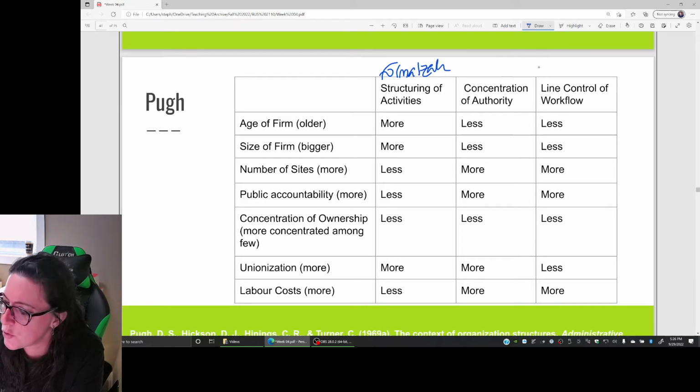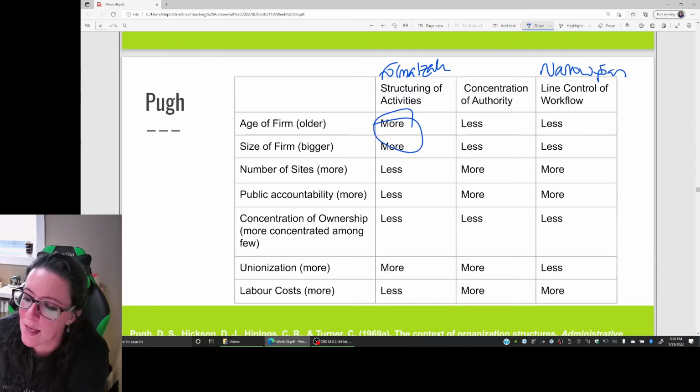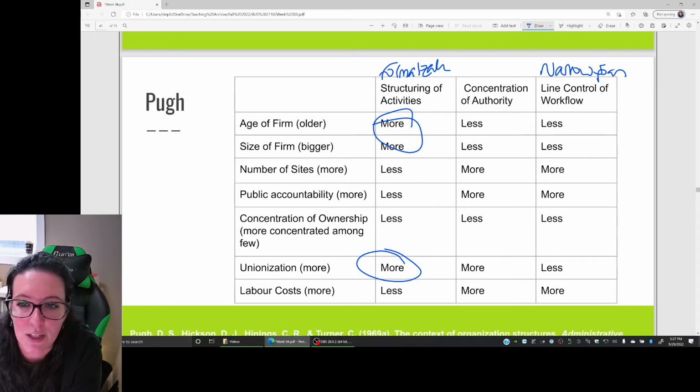And line control is going to be narrow span. So what he found is that older firms and bigger firms were more likely to be formalized, have more structure, have more rules and processes. Unionized organizations were more likely to have rules and structure.